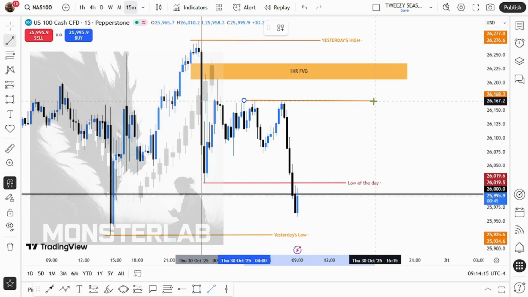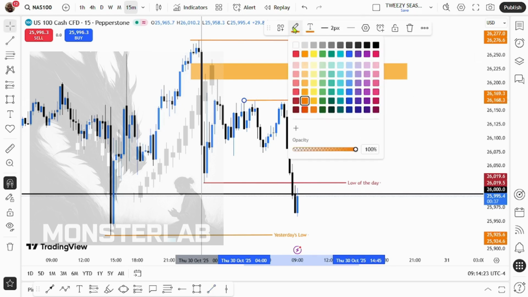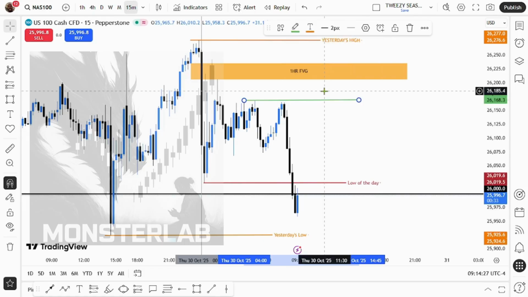Considering we don't have any red folder news or medium impact news for today, patience is key. Price failed to take out this London high.